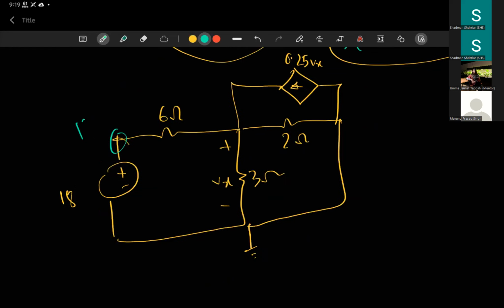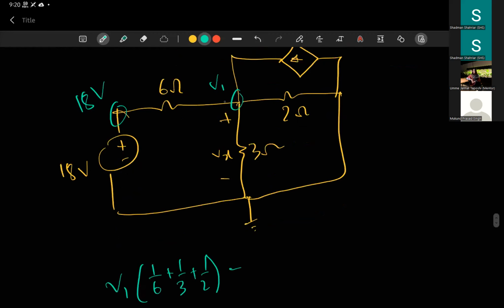This is say V1 and the whole node is now ground, right? This is not V2 anymore because this is connected to ground right now. So you only have to solve for one node. And that node equation should be 1/6 plus 1/3 plus 1/2, because all three resistors are connected to V1, and minus 18/6.